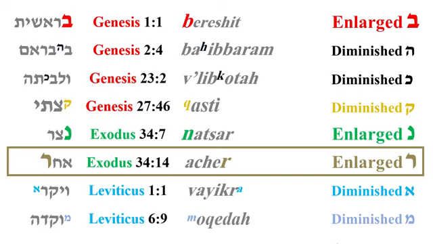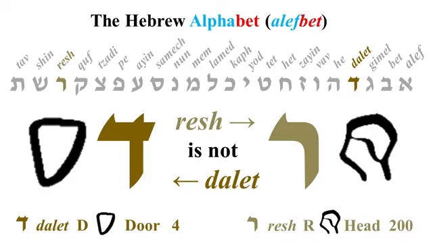And by the way, just let me point out that the letter resh is not the letter dalet. The resh, you can see, has a nice curve to it. The dalet is perpendicular, and it even has a little overhang off to the right side. The dalet represents door. So don't get those two confused, which many do.